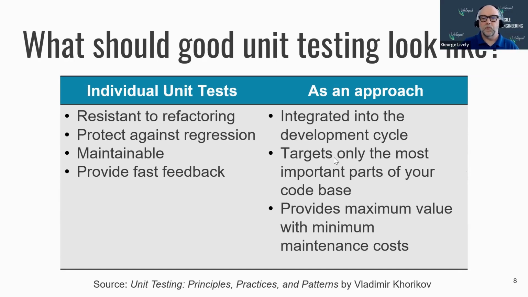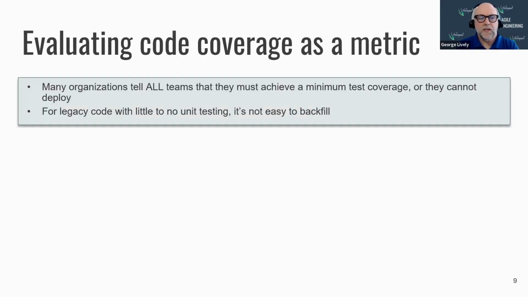Where this really applies to legacy code and the teams working on it, one consistent obstacle is that organizations will tell them that they must achieve a minimum level of test coverage for all of their applications across all of their code, or they cannot deploy. And the reality is that a lot of legacy code has little to no unit testing, and it's not easy to backfill.